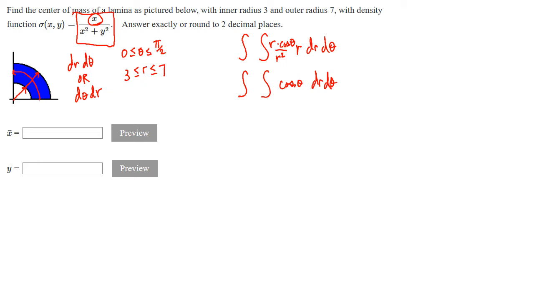Now the values. If I'm going r's first, that would be 3 to 7. Then thetas, 0 to pi over 2. Now I can evaluate that with my TI-89 fairly quickly, although this is not such a hard thing to do by hand.